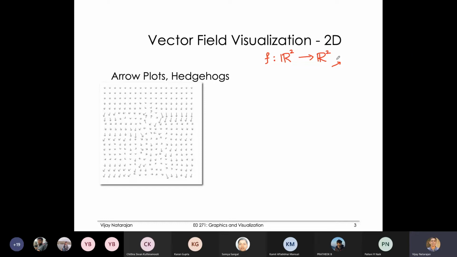A very simple way to visualize this vector field is to simply draw these vectors in place, as you can see here.